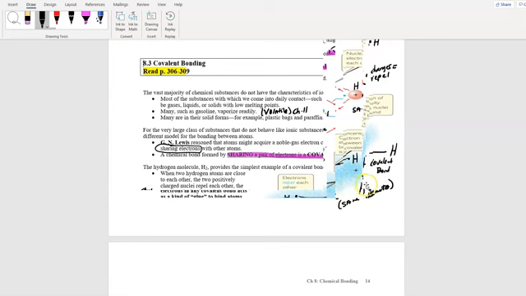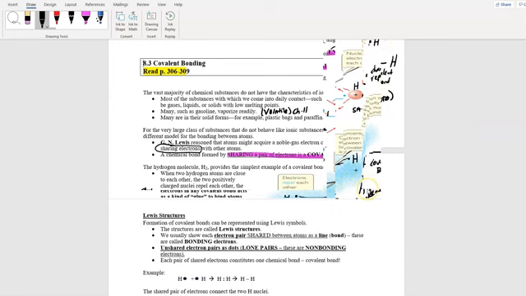Okay? So when we have Lewis structures, the formation of a covalent bond is represented by those Lewis symbols. We show the electron pair, so let me draw it again. That right there is an electron pair, and they are shared with this hydrogen, and shared with this hydrogen.